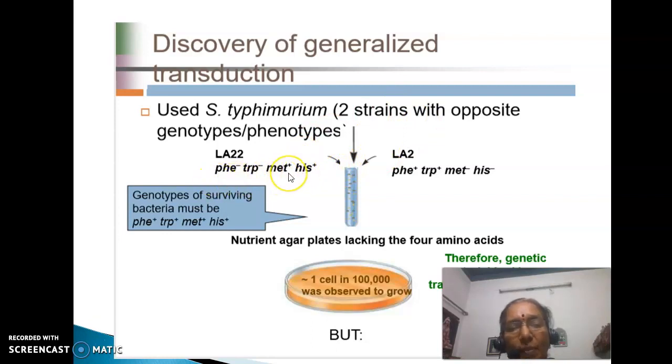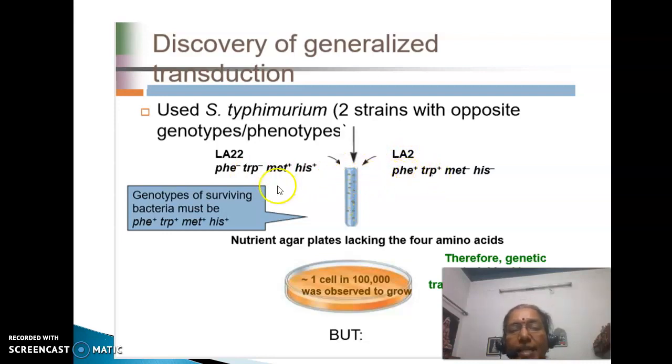All four are amino acids. The LA2 strain, in contrast, can synthesize phenylalanine and tryptophan on its own, but it lacks the necessary enzymes for methionine and histidine. So we write phenylalanine minus, tryptophan minus in the case of LA22, and these same two characters are plus in LA2.